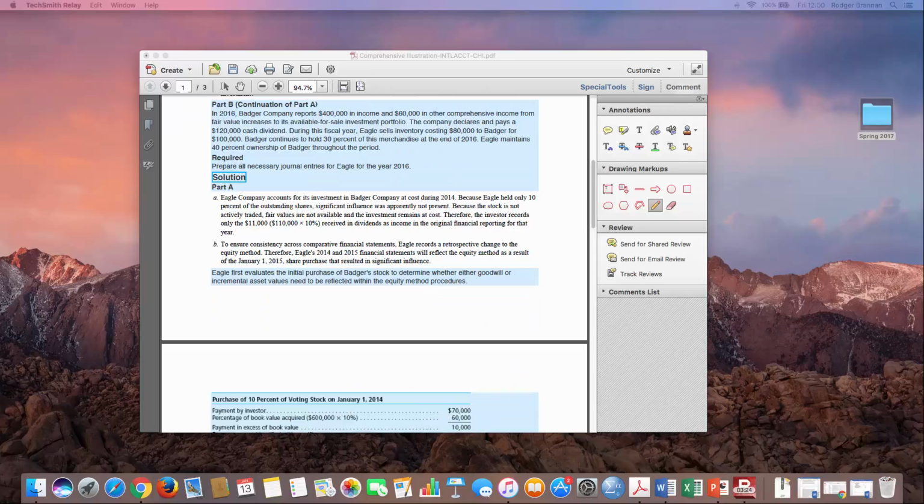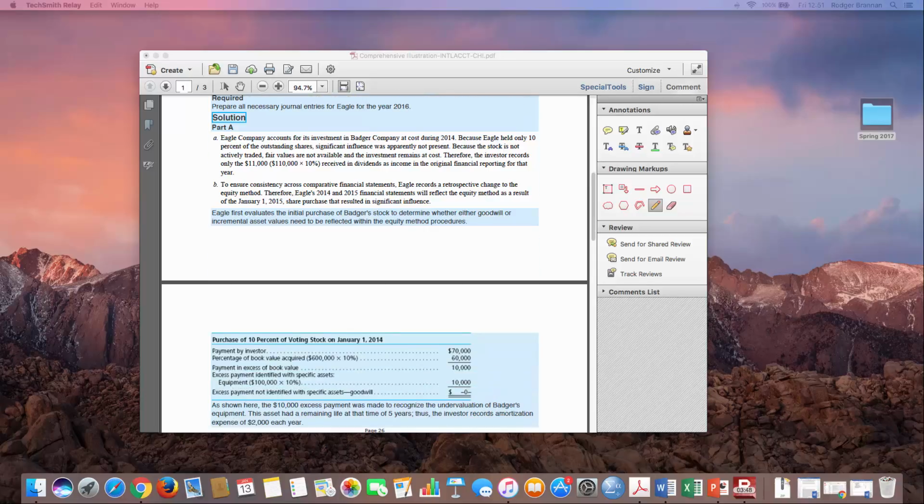We'll kind of skip through Part B right now. We'll come back to that with this issue of what do you do with inventory. So you'll see, for example, under the solution of Part A, that since they only own 10%, the stock is not actually traded. The investment is held at cost. The $11,000 is recognized as income.